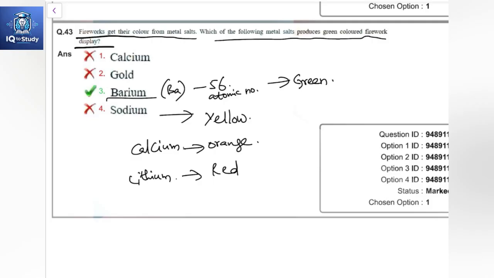And blue flame is due to copper. So barium produces green color, sodium produces yellow color, calcium gives orange, lithium red, and copper blue.